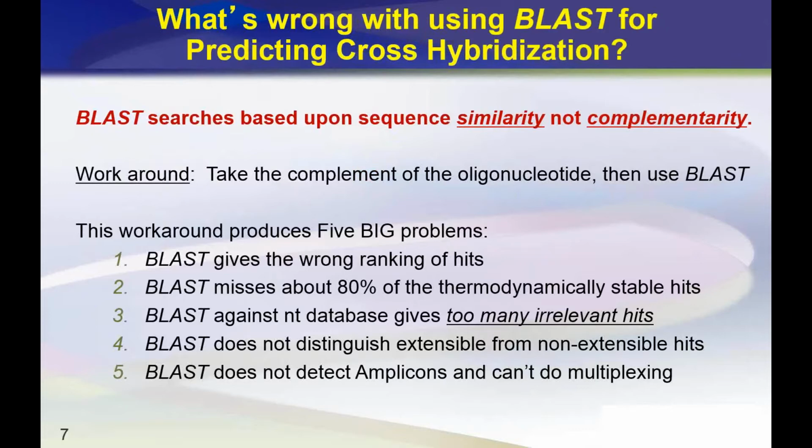Even though you might get a primer that binds somewhere in a genome that you care about, what matters is, does it form a false amplicon? ThermoBLAST actually incorporates an algorithm to detect such amplicons. And that becomes extremely important when you're doing multiplexing. If you have many primers, then the chance of 2 or more of those primers coming together to form an amplicon becomes much higher.